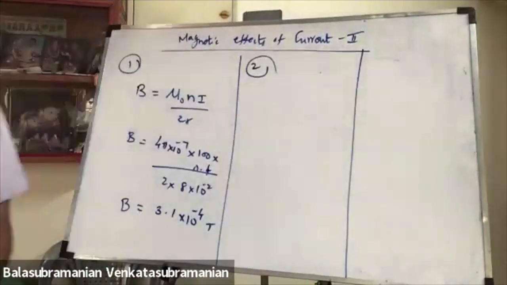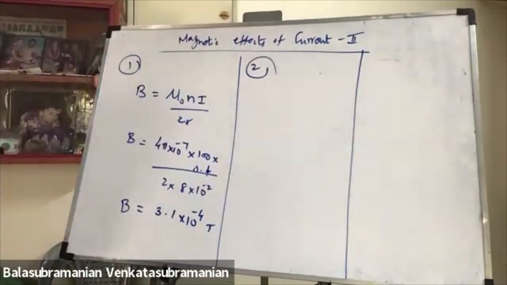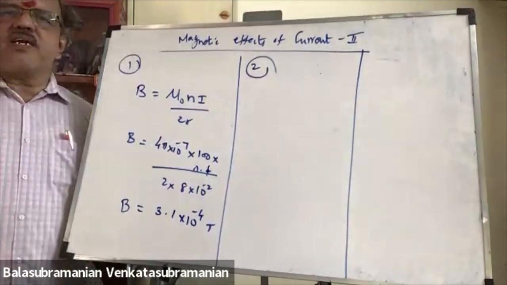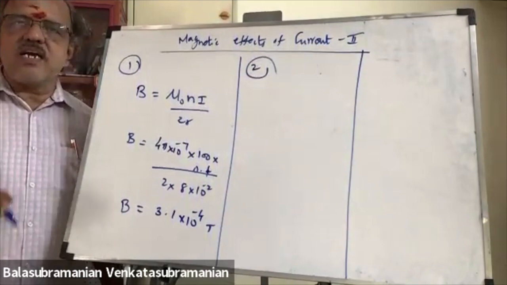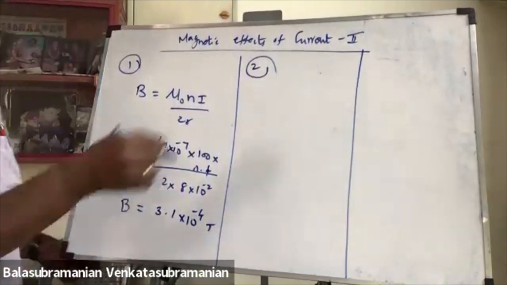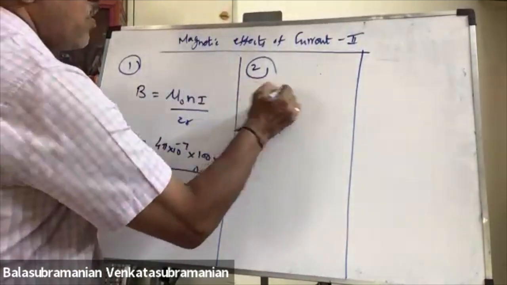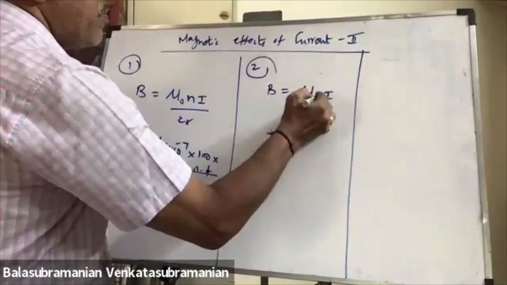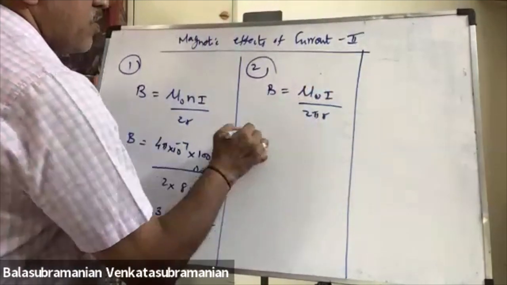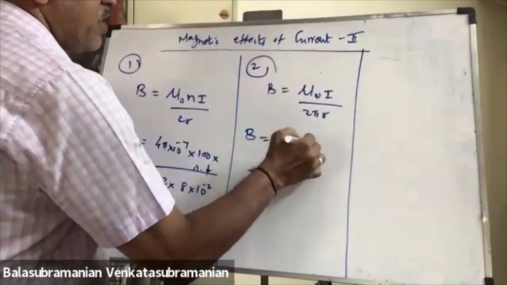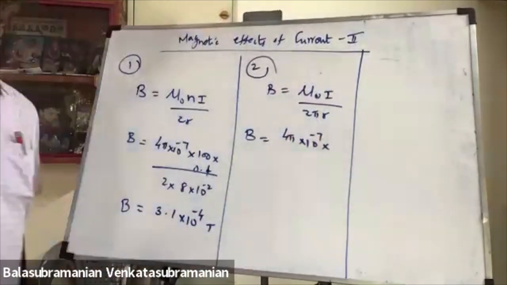Second problem. A long straight wire carries a current of 35 ampere. What is the magnitude of magnetic field B at a point 20 centimeter from the wire? Infinitely long straight conductor carrying current. Again, Biot-Savart law application. B is equal to mu naught I by 2 pi R. 4 pi into 10 power minus 7.